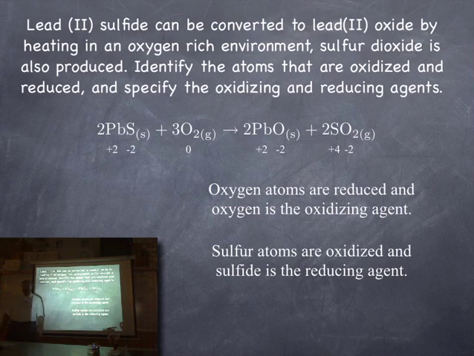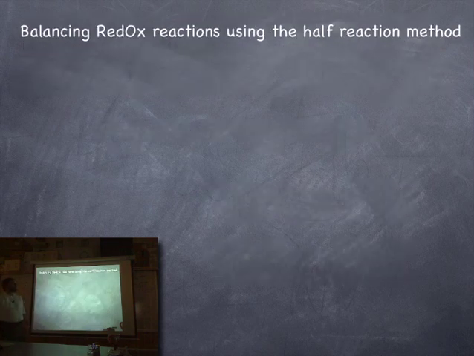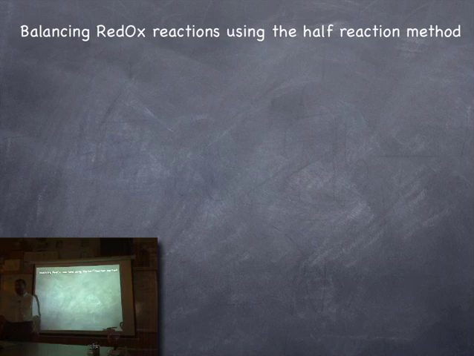Now, I want to introduce a process to you that is more complex, that will help us second semester when we see all this stuff again in a different context. Some oxidation and reduction reactions are much more complex in terms of the way that we have to think about writing them and balancing them out.